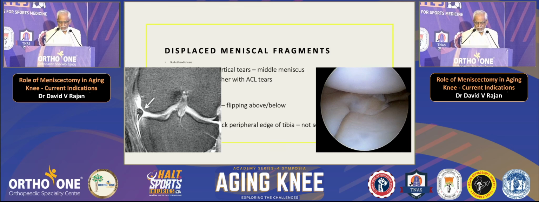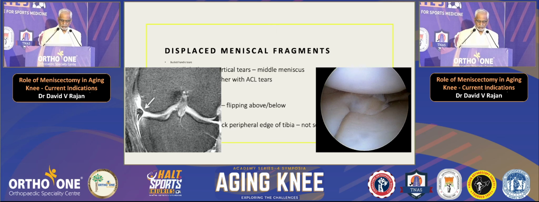You can see again a few more examples. On the left is an MRI picture with the meniscus flipped into the gutter, and on the right you see the arthroscopy picture. This would actually have been hiding underneath the meniscus.